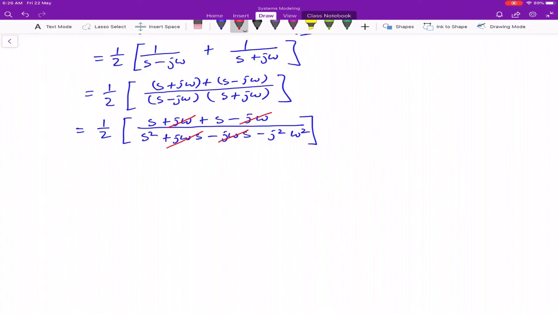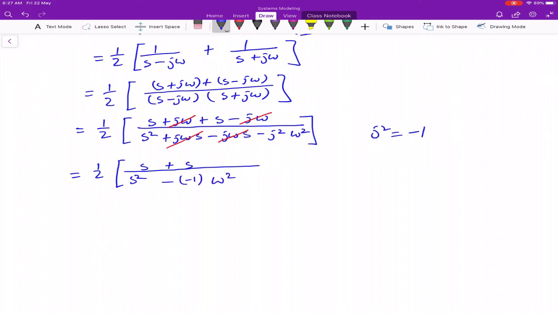So what are we going to have on top? We'll rewrite this again. So we have a half, s plus s, over, now we have s squared minus, now j squared, remember from your complex analysis, j squared is equal to minus 1. So you are going to have minus 1 times omega squared.